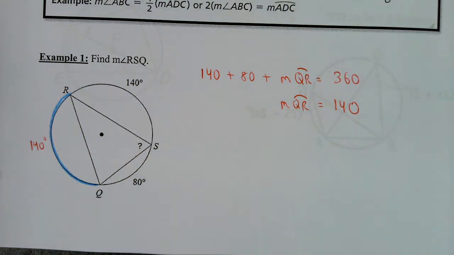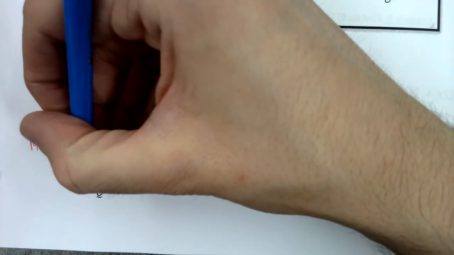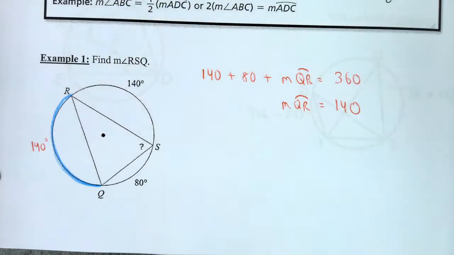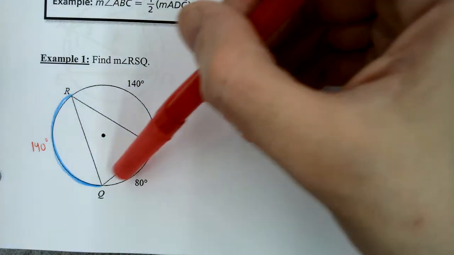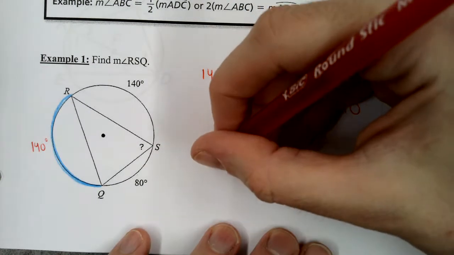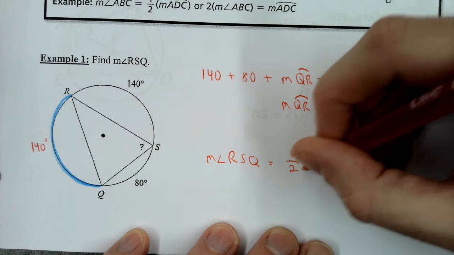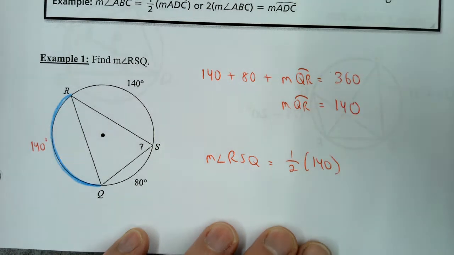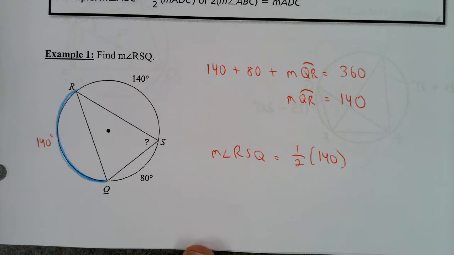Angle RSQ is an inscribed angle, so its measure is going to equal 1/2 of 140, because inscribed angles are half of the arcs they intercept.